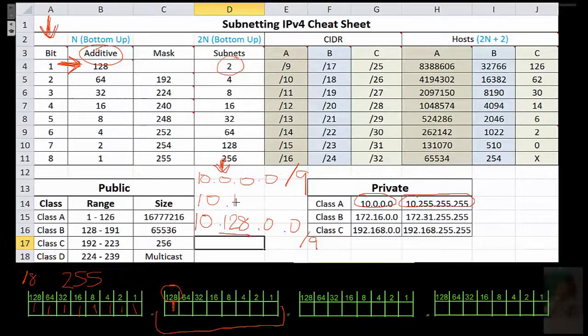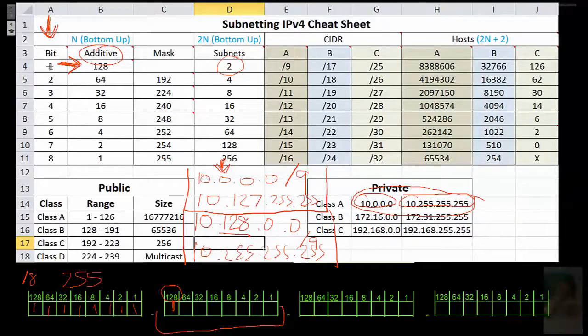This guy's going to run from 10.0.0.0 to 10.127.255.255. This right here is your first network. This guy right here, that would be your second network, and he's going to run to 10.255.255.255 as a /9, meaning we have now used up the entire class A private range.